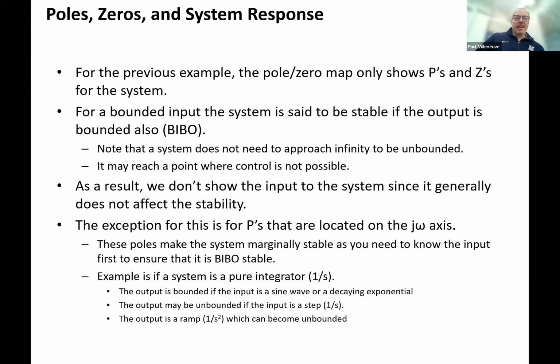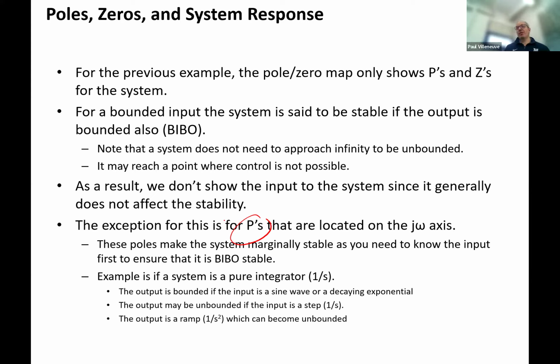All right, so let's get back into the topic at hand. Don't want to get too sidetracked. But again, we really didn't care about the input. The input had no impact on the stability unless it's a marginally stable system, right? So we only talk about the marginally stable system if there are poles on the j omega axis.